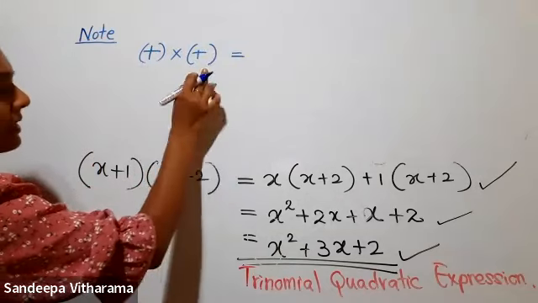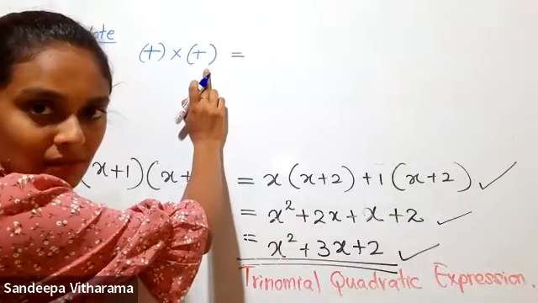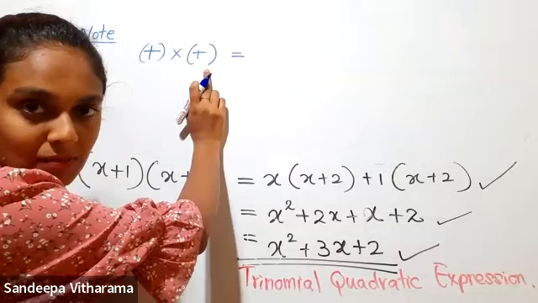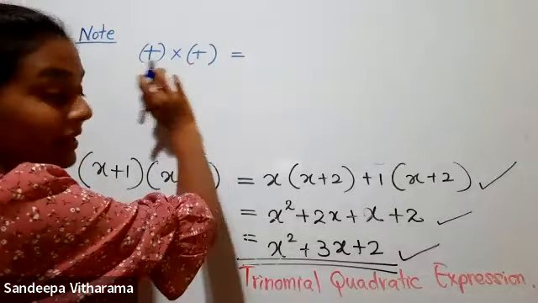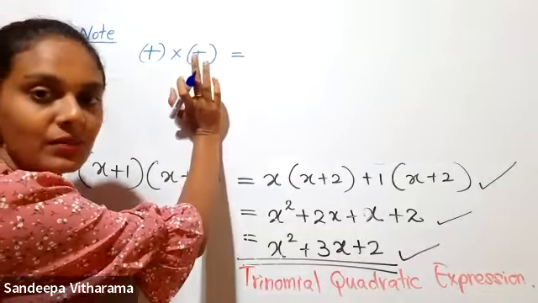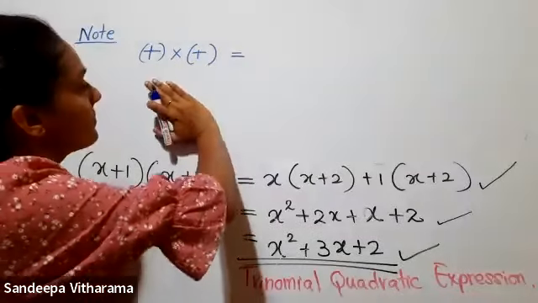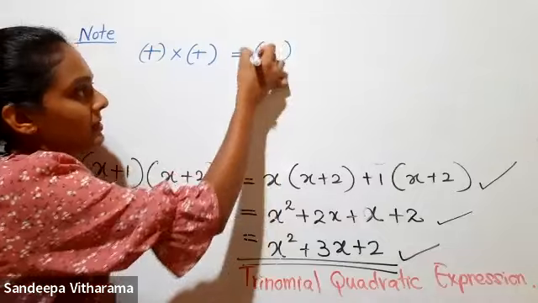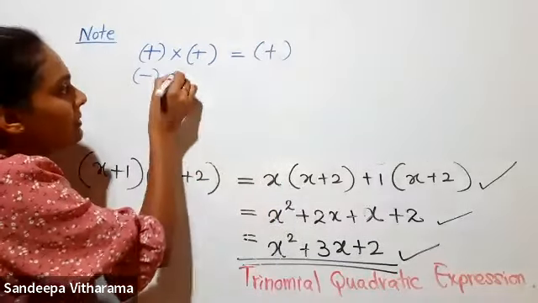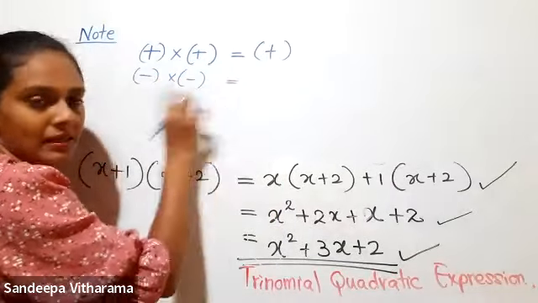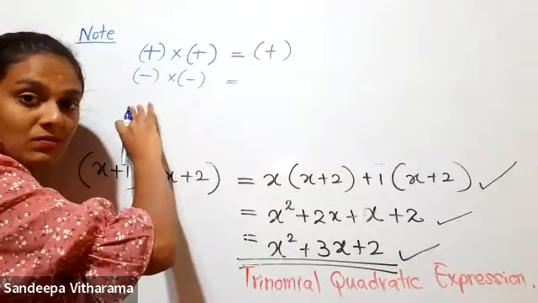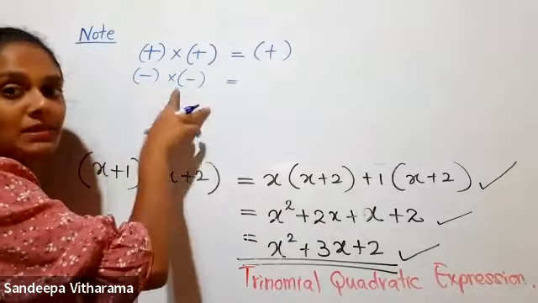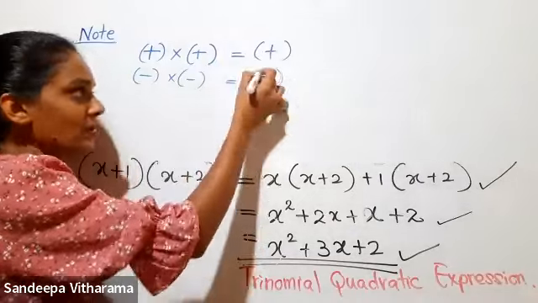When you have to multiply same sign numbers, if it is plus, then plus, the answer is plus. When you have to multiply minus sign by minus sign, that means a minus value by a minus value, same sign numbers, it is also plus.